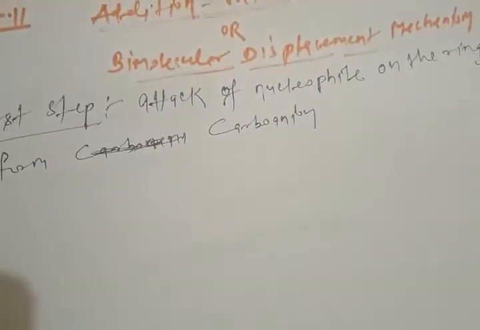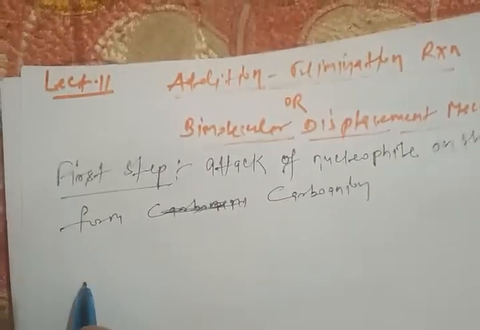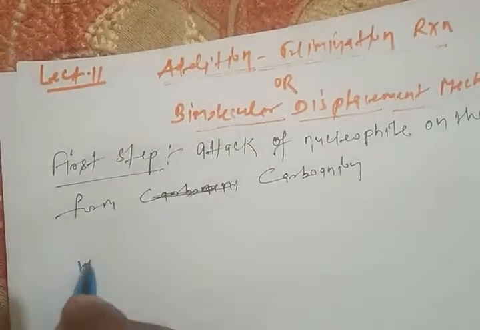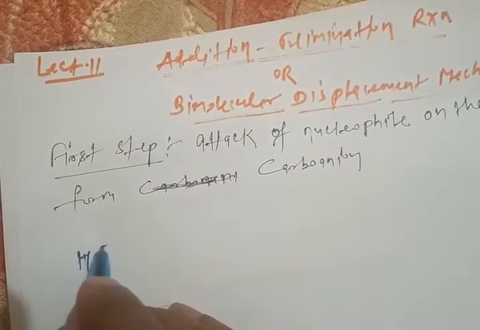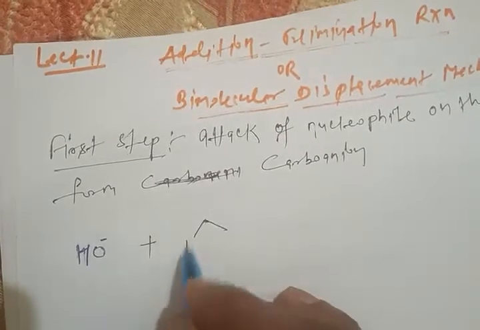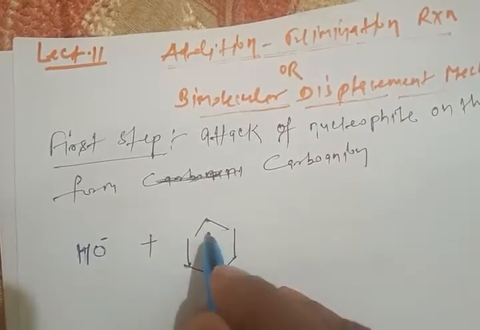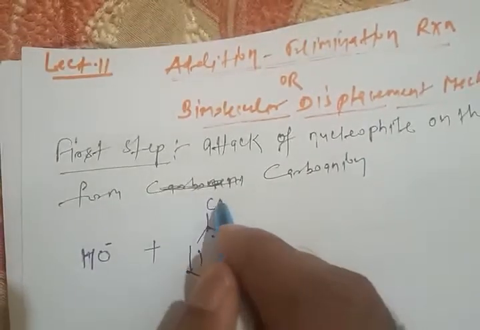Okay, so let's see what the process involved here is. This is HO negative, which is the nucleophile, and this nucleophile will attack the ring, chlorobenzene.